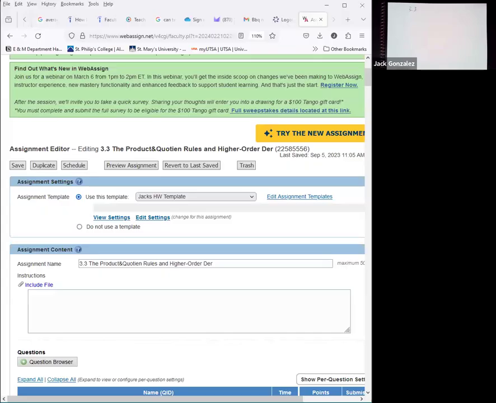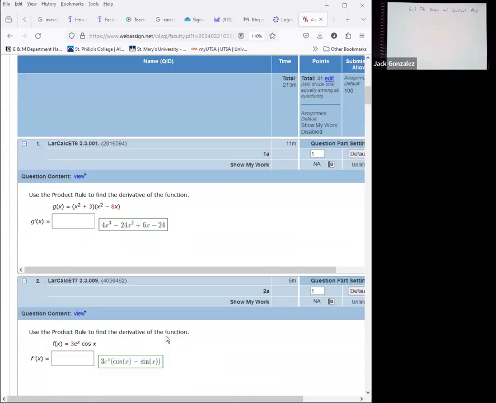All right, so the product rule and quotient rule. Let me write down the rules first.